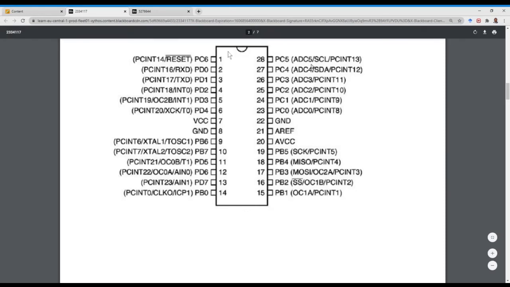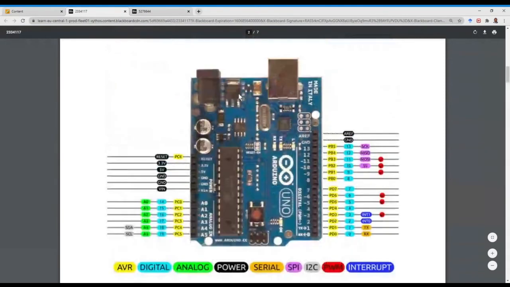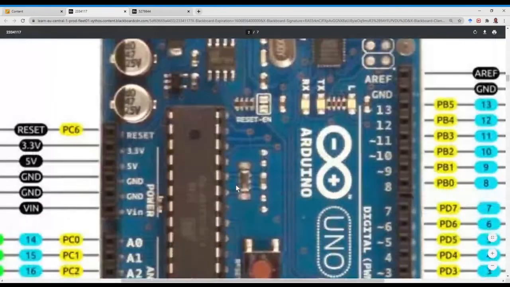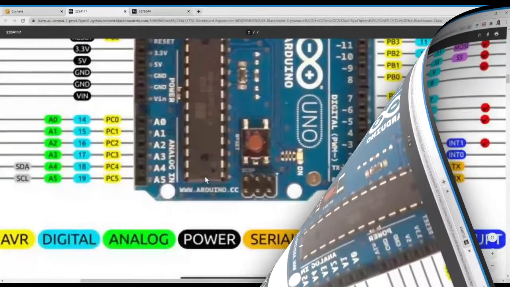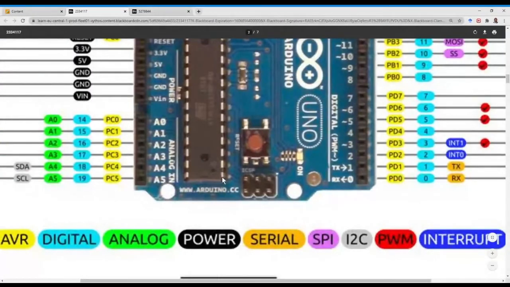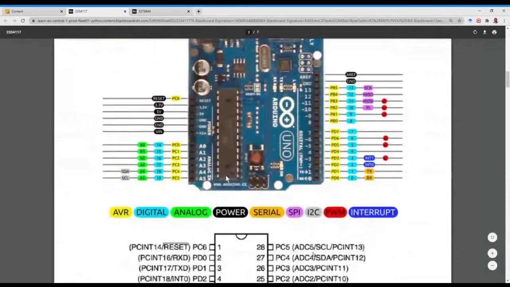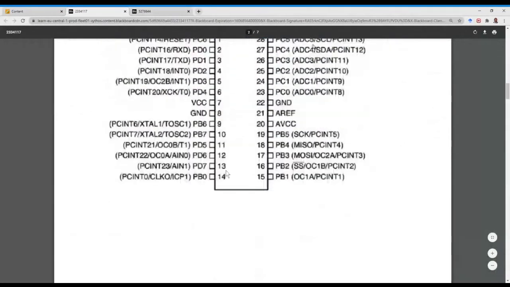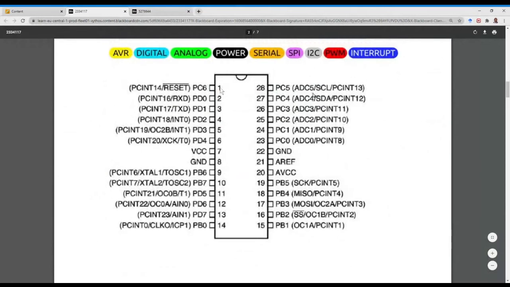If you have the chip, where the notch is, not sure whether you can see, but you can see the notch here, you can see the notch there. So this makes that pin 1, right? Where the notch is on the left hand side of it, that's pin 1, the reset pin, because if you connect it, you most likely reset the Arduino.